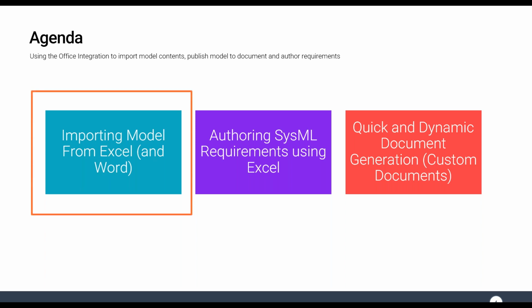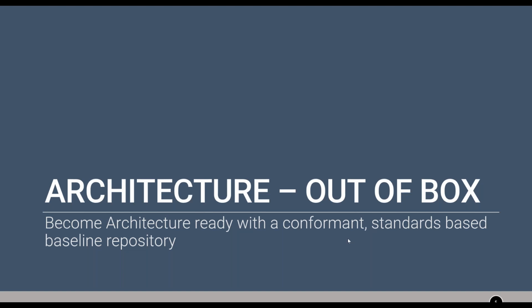So to start with this, I could just go ahead and show you how to import from Excel, but there is a bigger context behind this than just importing some arbitrary contents from Excel. We have been using this as a utility.